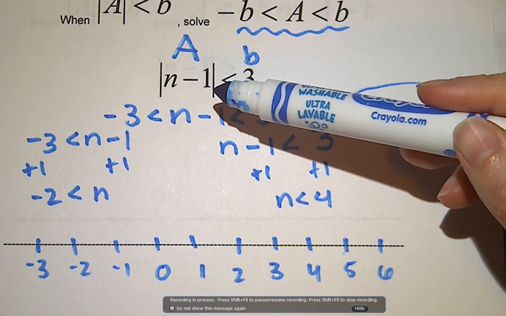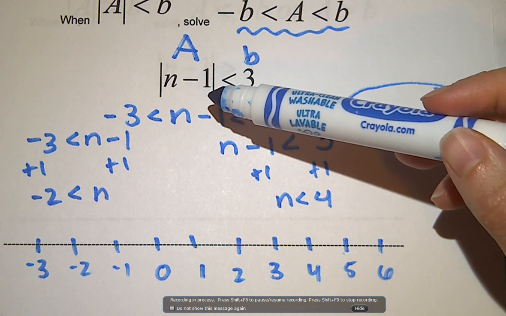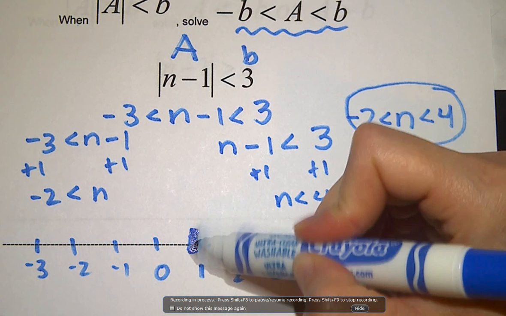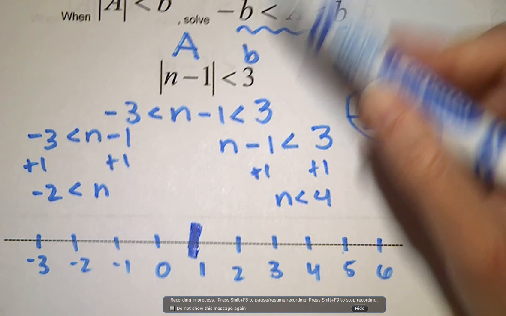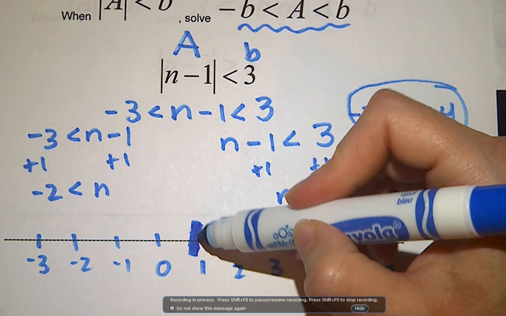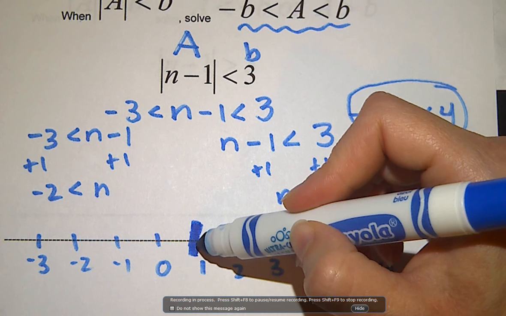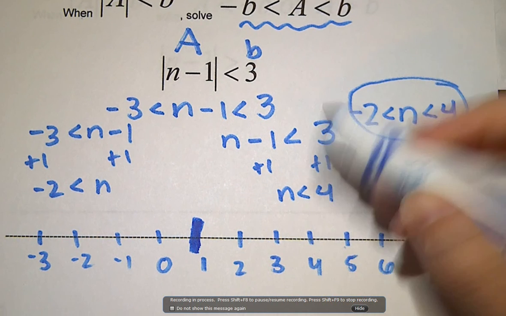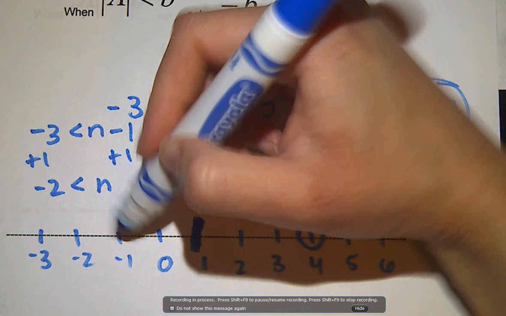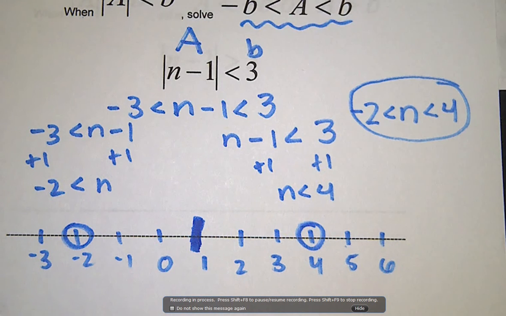Since it's n minus 1, I take the opposite of that, which would be n. I take it like it's positive right here. And I'm going to say, okay, what is 3 away on either side? So if I count 3 away in the positive direction, 1, 2, 3, well, look, here it is right here at 4. And then if I go 3 this way, 1, 2, 3, here it is at -2. And that's my solution.